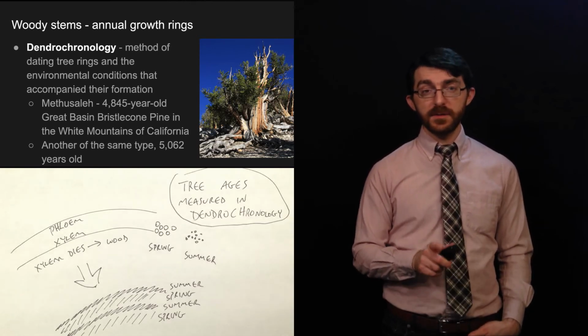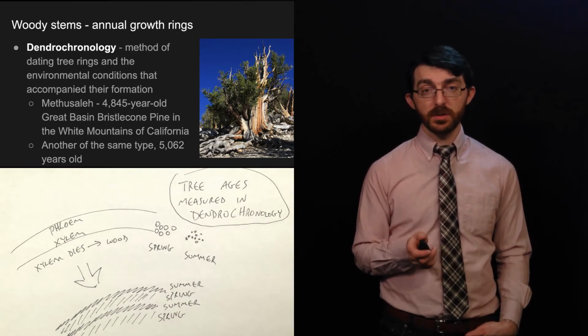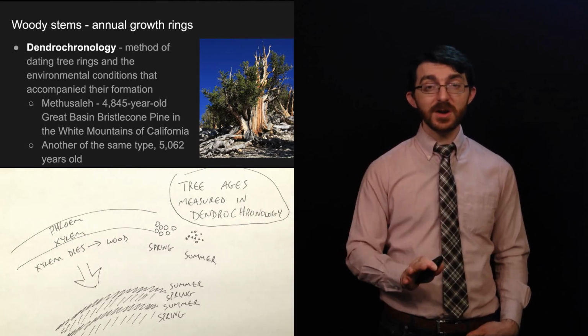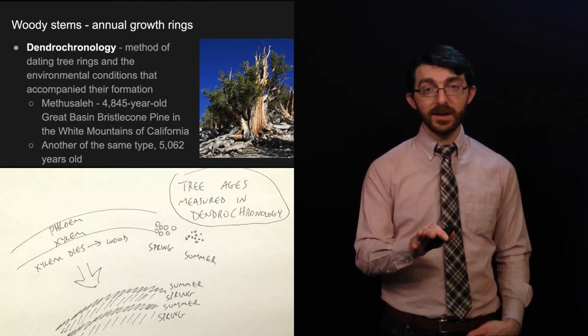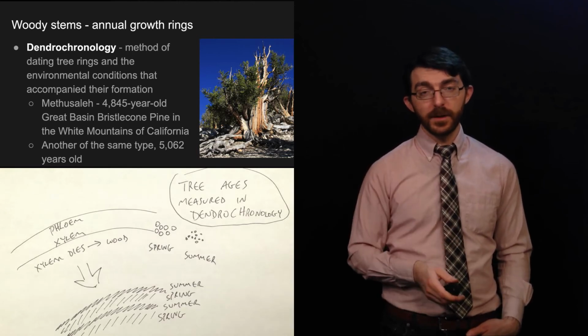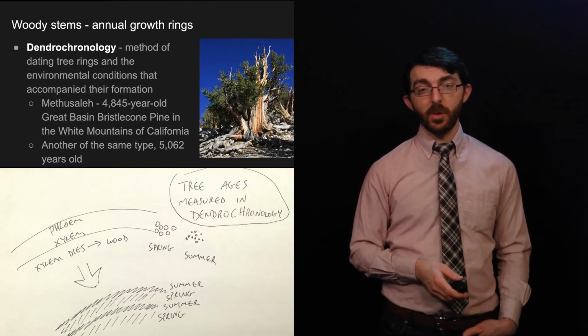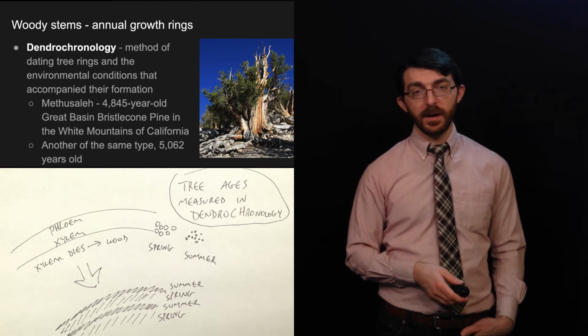There's another tree of the same type. It's 5,062 years old. You can actually look these up and they'll tell you that their locations are a carefully, closely guarded secret. Because, well, you could just imagine what someone would do if they knew where the oldest tree was. They'd probably, I don't know, cut it down or something.